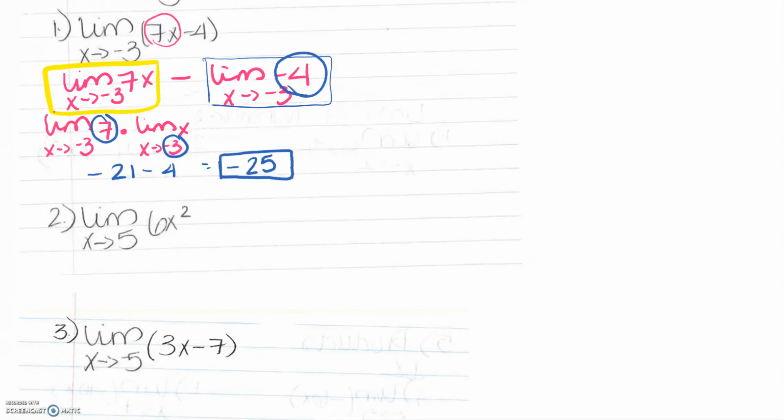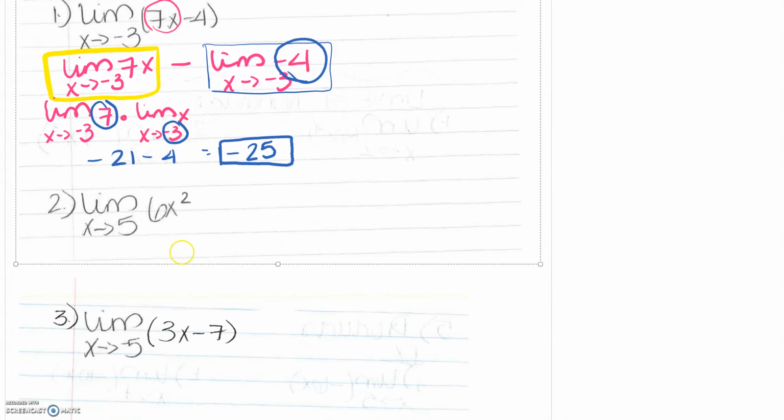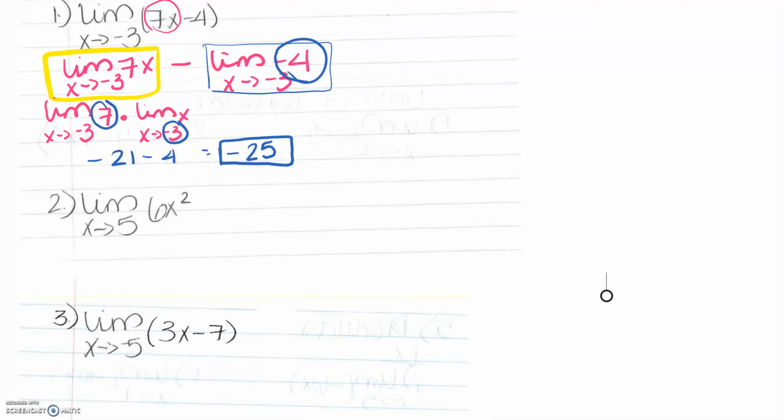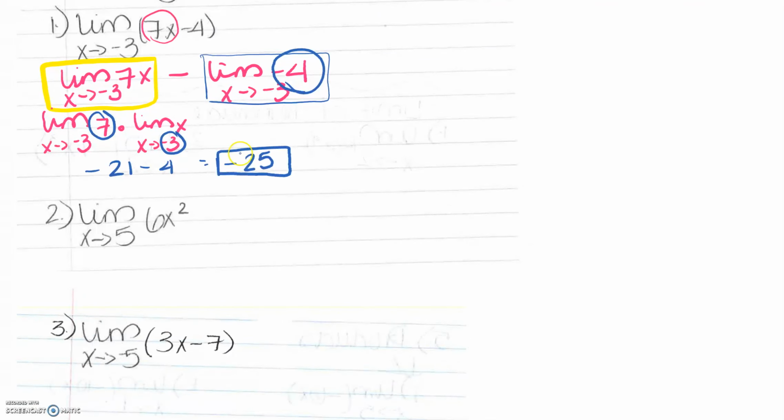Okay, same thing. Thinking a little bit outside the box here. This is 6 times x squared, but x squared is x times x. So it's going to be the limit of 6 as x approaches 5 times the limit of x as x approaches 5 times the limit of x as x approaches 5.